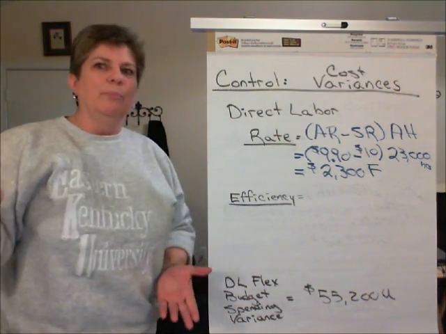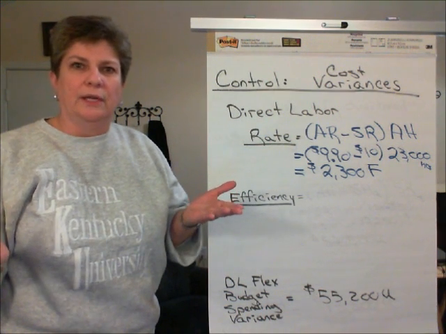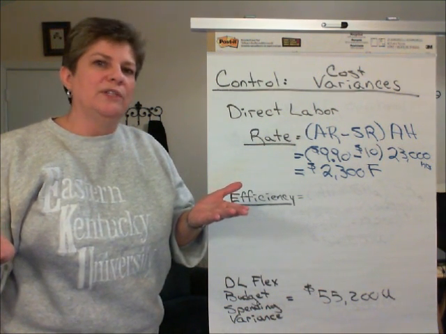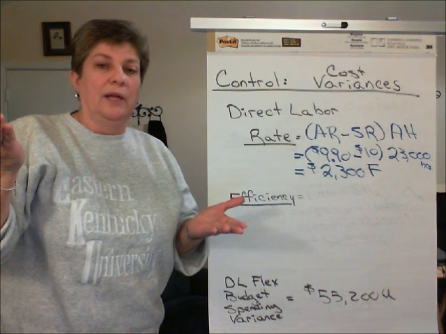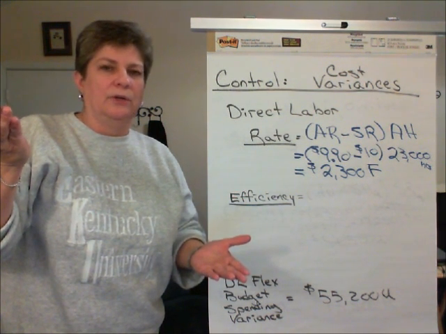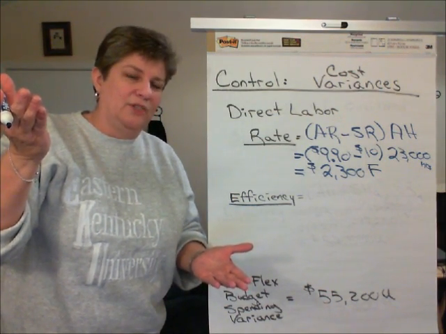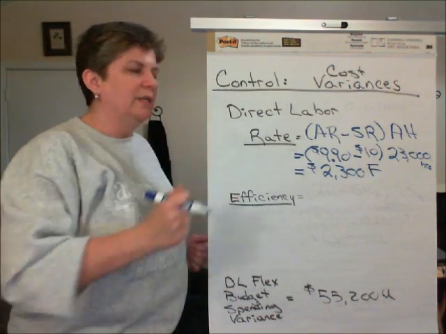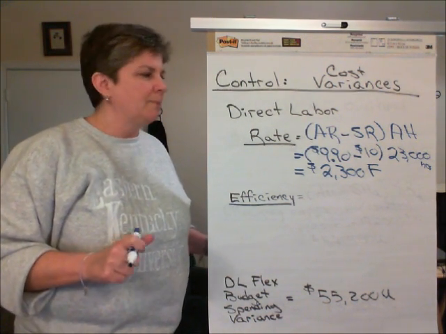If, say, we planned 50-50 skilled and low skilled, and actually we scheduled 60% low skilled and 40% high skilled, then that's going to drive our average wage rate down. So scheduling is usually the underlying cause of a labor rate variance.